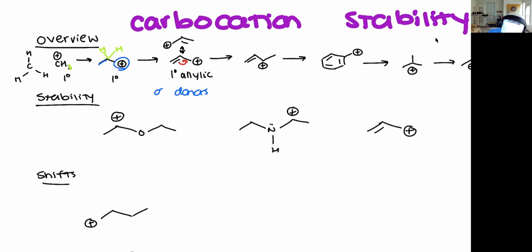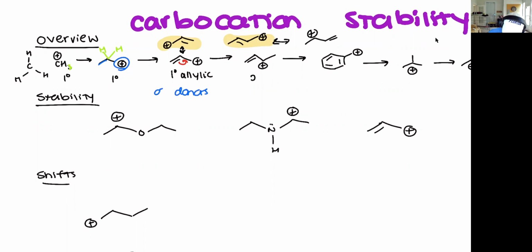Obviously, if you have something like this, that would be more stable. Even though it's primary allylic, when we resonate, the resonance structure is a secondary allylic. So this would be more stable than that, because when we do the resonance donation, we have a more stable carbocation afterwards.